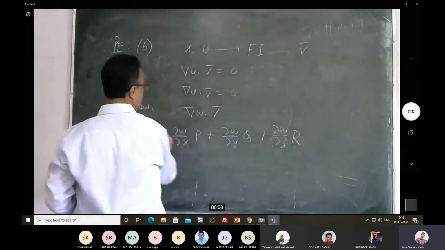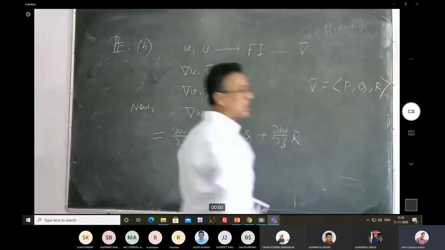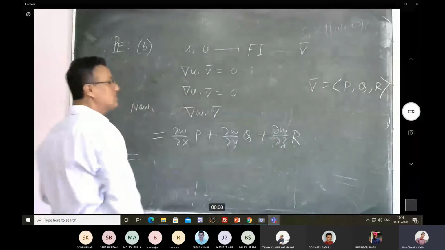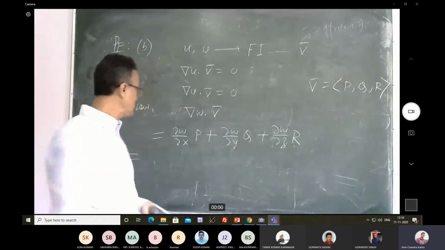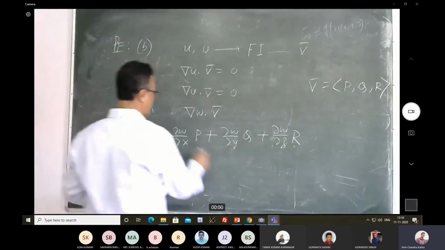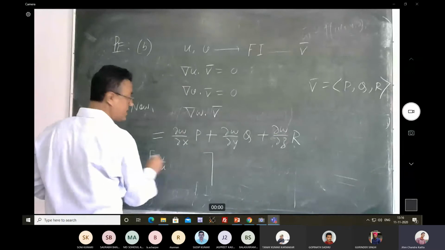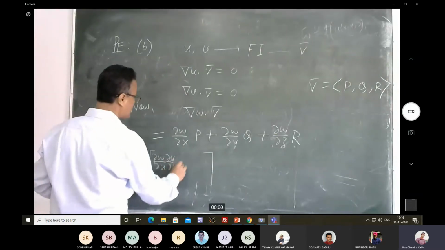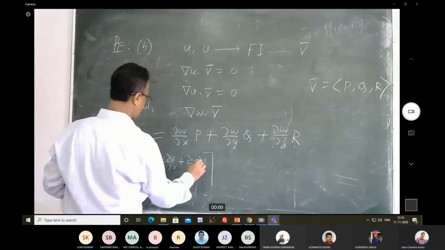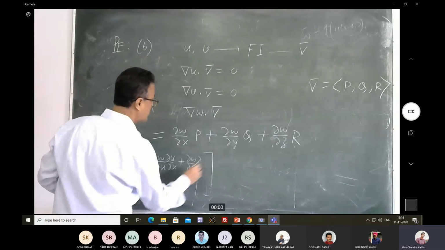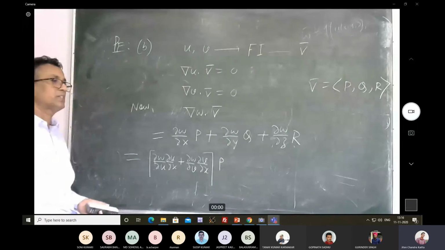Because if I assume V to be equal to (P, Q, R), and w is a function of u and v, which themselves are functions of x, y, and z, then what is going to happen? This is going to be del w by del u, del u by del x, plus del w by del v, del v by del x, into P. Is it okay with everybody?